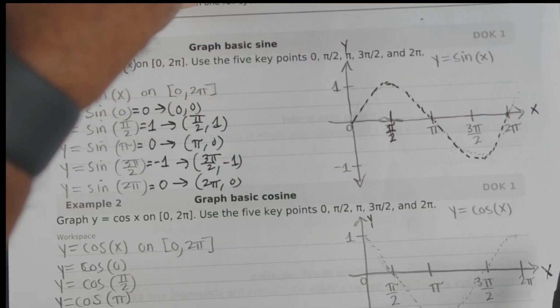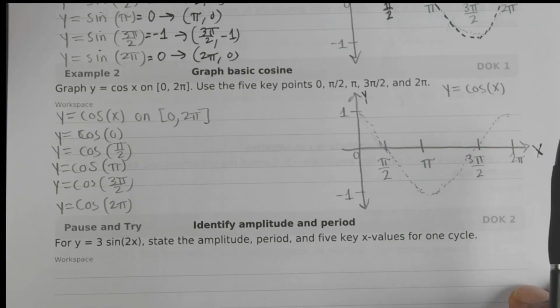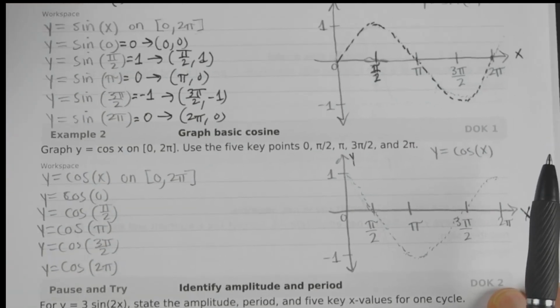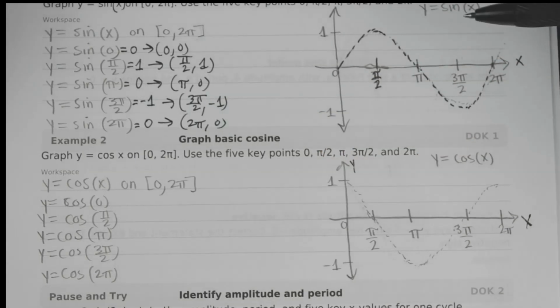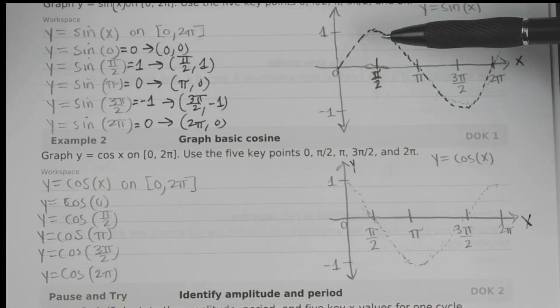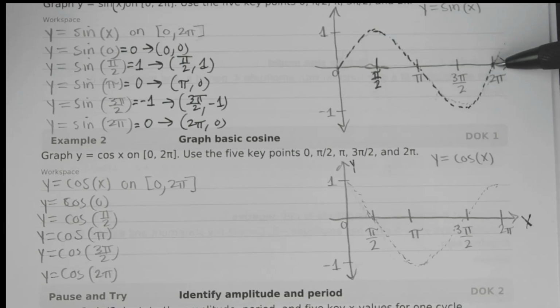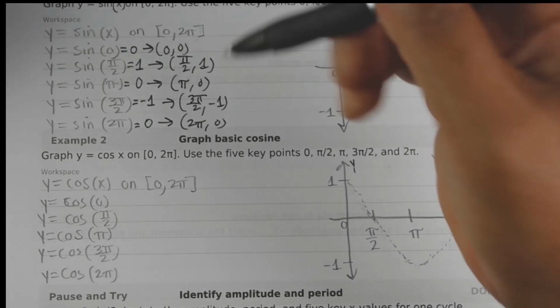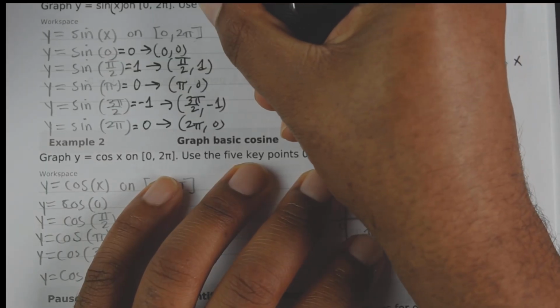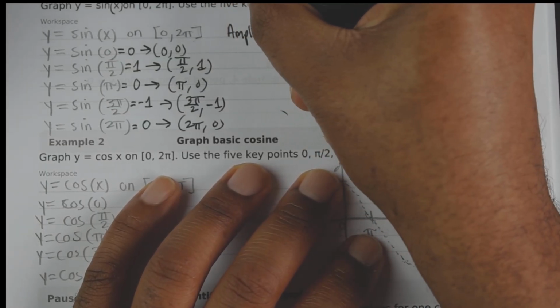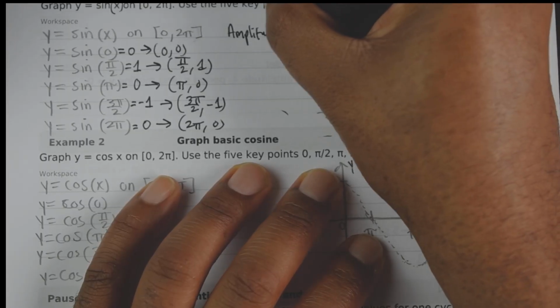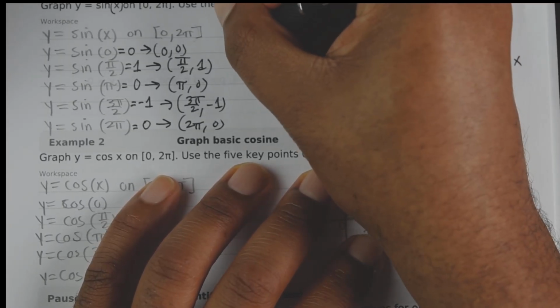Okay, let's continue. As a matter of fact, I better say this. So again, the amplitude would be 1, the period would be 2 pi, which is where we ended here. So let me write that down here. The amplitude is 1.